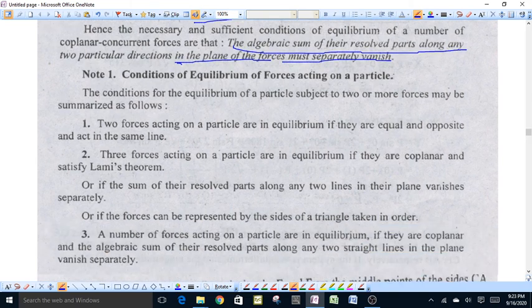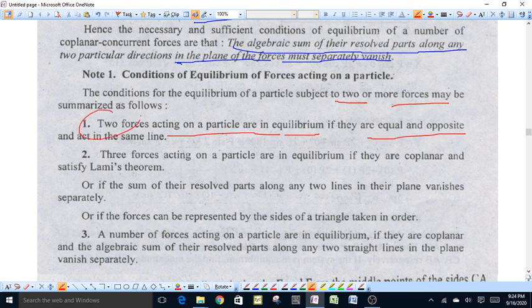If we summarize the conditions of equilibrium of forces acting at a point or on a particle: if we have two or more forces, they will be in equilibrium if they are equal and opposite.